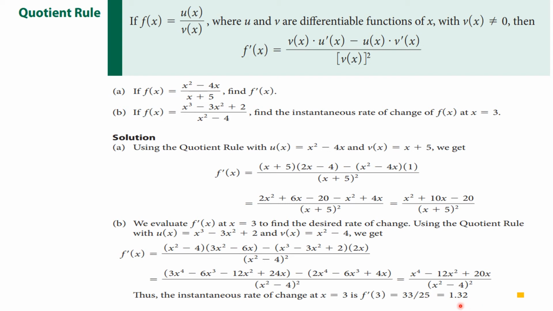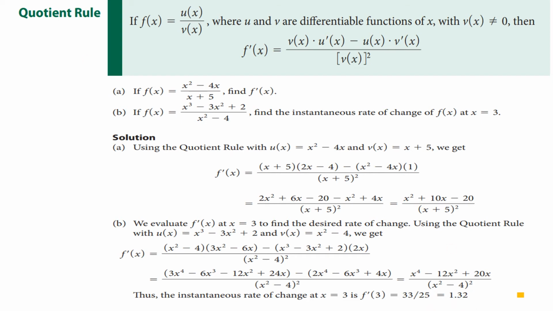So we get the derivative of that function using the quotient rule. And when we get the value 1.32, what does this mean? This means that when the x value changes by 1 unit, then y changes by 1.32 units.